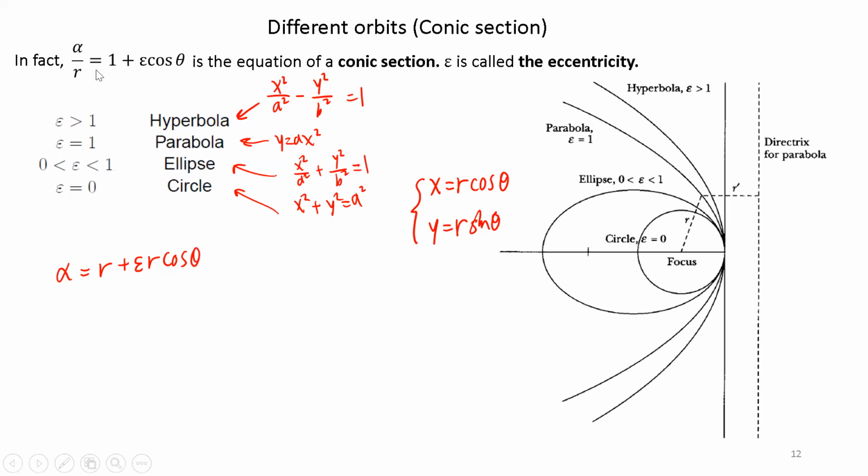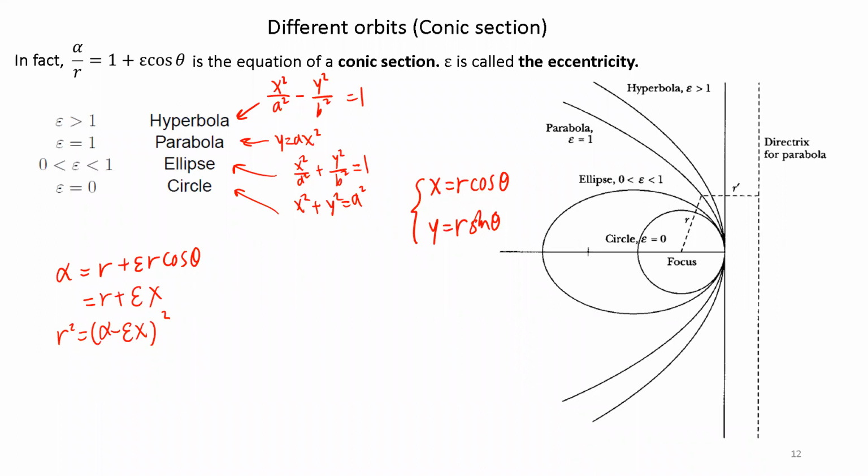I just take the r to the right hand side. And this r cosine theta is x. So now if I change the subject, then I have r equals alpha minus epsilon x, and I'm taking the square on both sides.